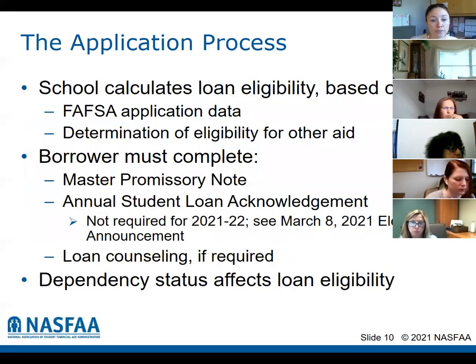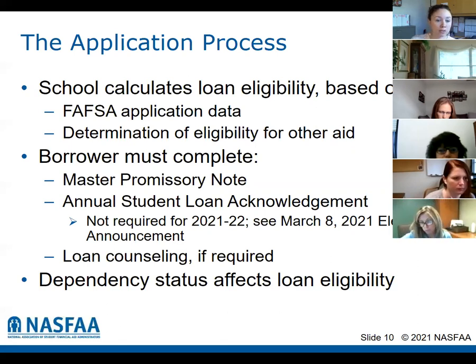Okay. I touched on this slightly, but now I'm going to go a little more in depth on how students apply for direct loans. Obviously, they need to do their FAFSA. That is always step number one when applying for federal student aid. The school is going to receive that FAFSA and create a financial aid package. We already talked about that earlier in the week.